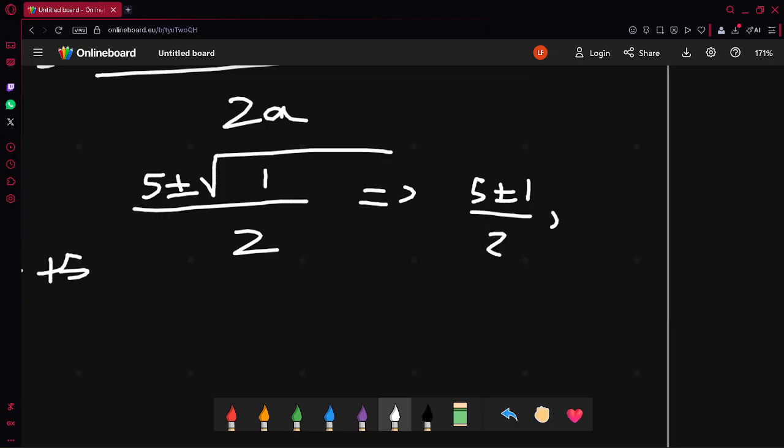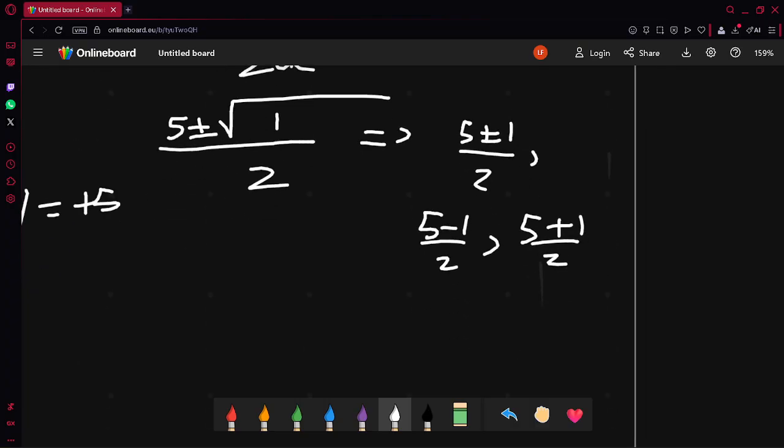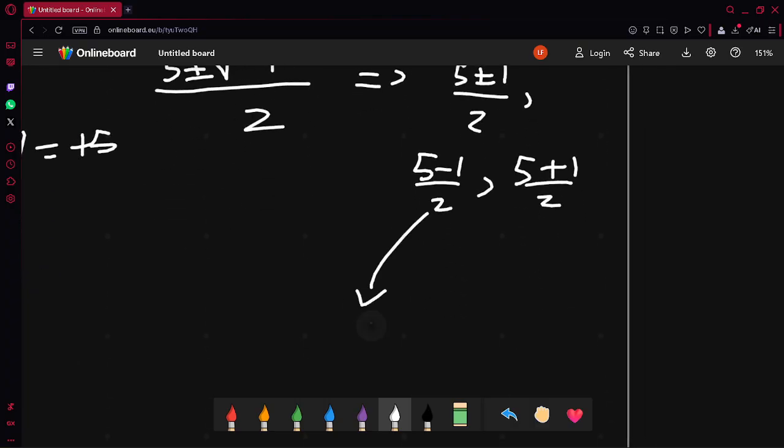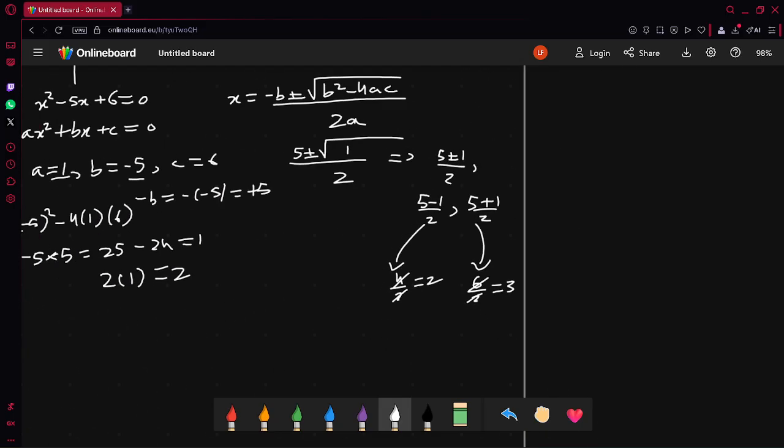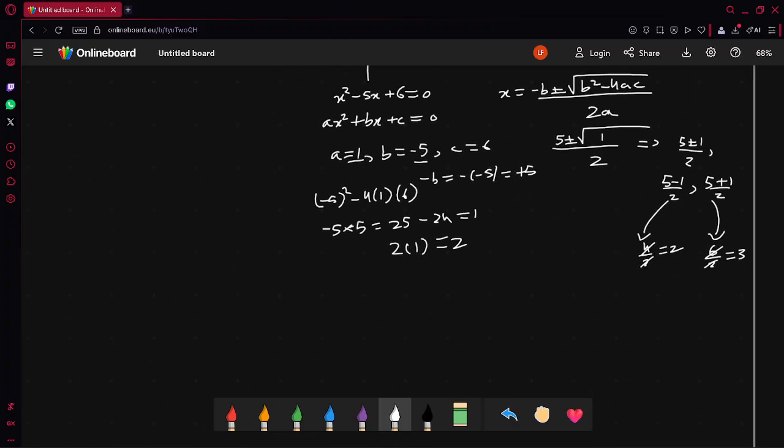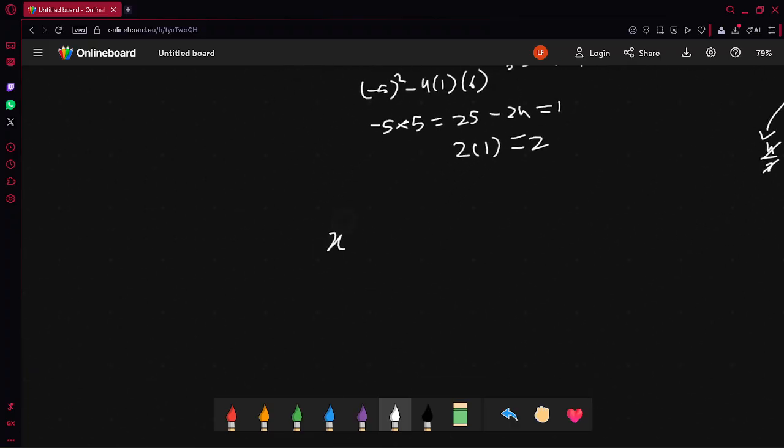Now from this, one time we'll take 5 minus 1 over 2, and another time we'll take 5 plus 1 over 2. From 5 minus 1 over 2, we get 4 over 2, which is just 2. And from 5 plus 1 over 2, we get 6 over 2, which is 3. So we found the roots of x squared minus 5x plus 6 equals 0.